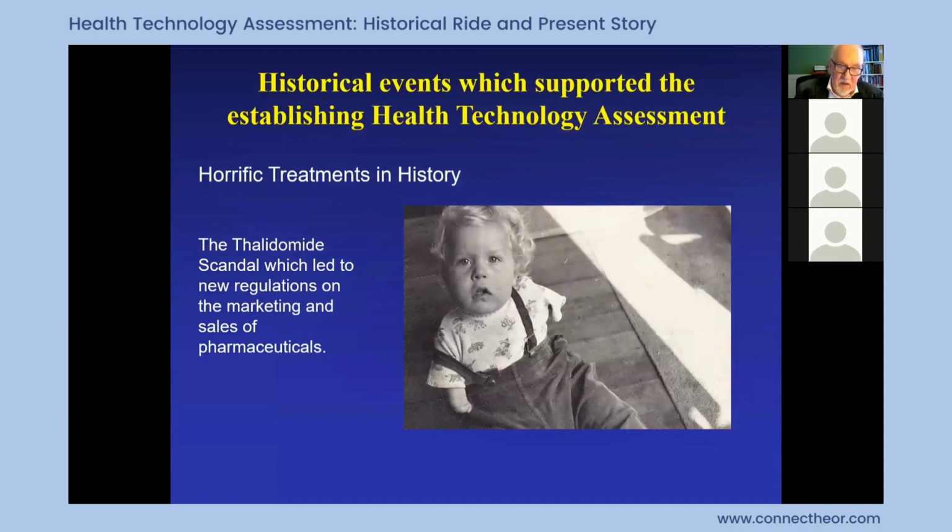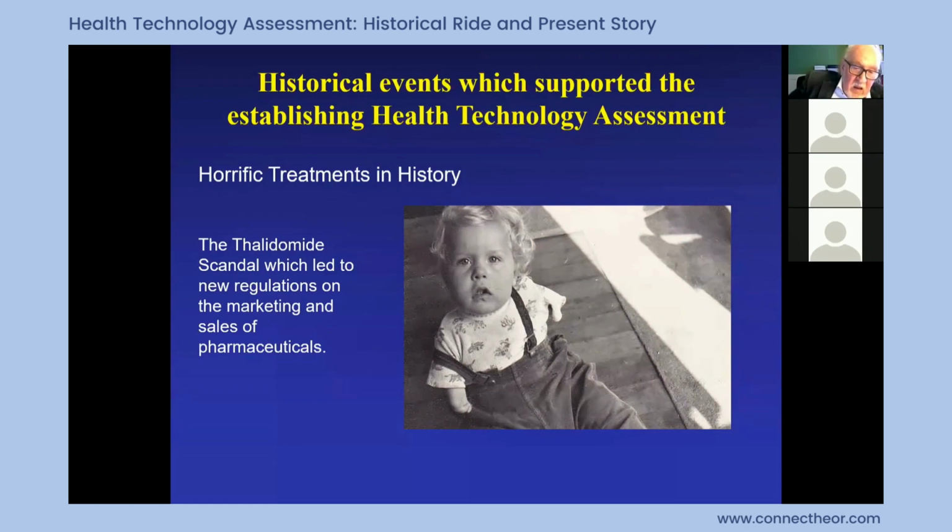She was not convinced that the company had any evidence from human testing on pregnant women. And she suspected that many of the early reports from Germany, where the drug was first marketed and sold in the mid-1950s, and it went on until the beginning of the 1960s.